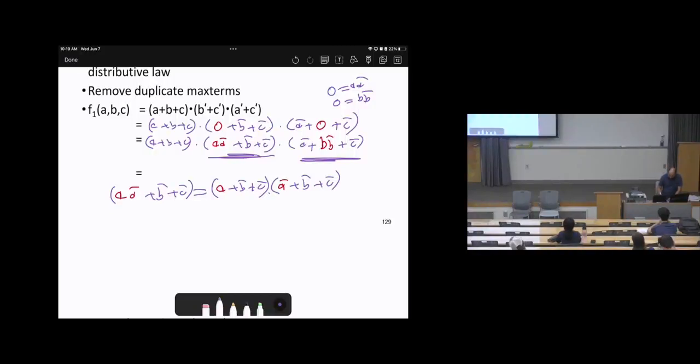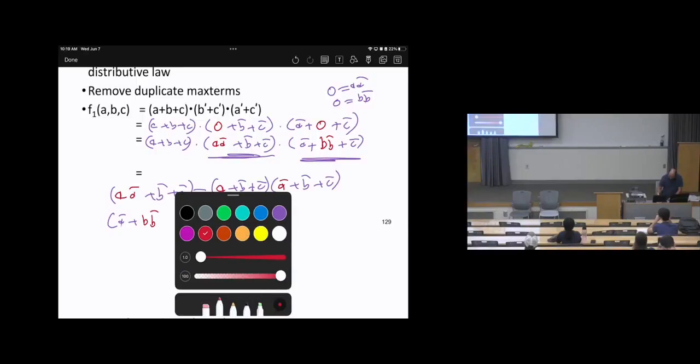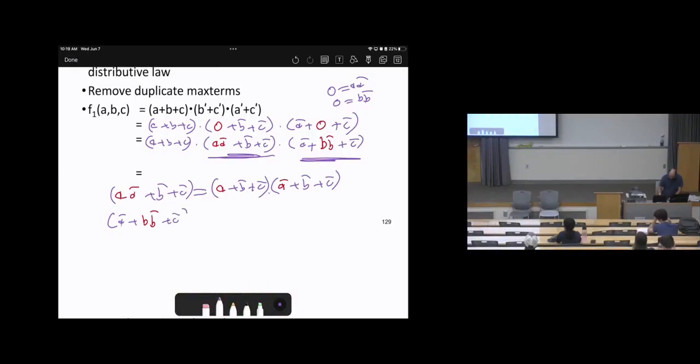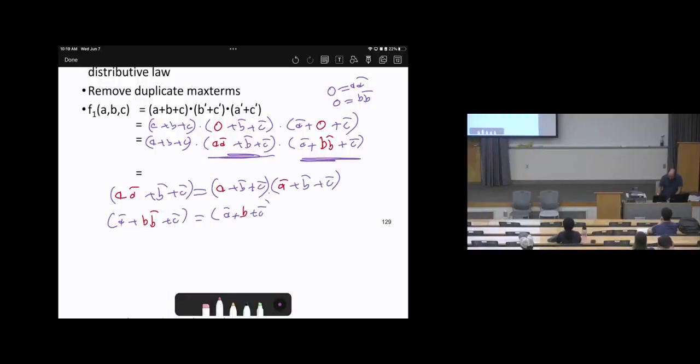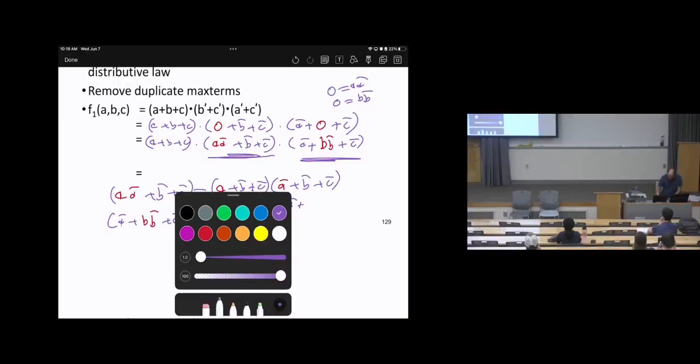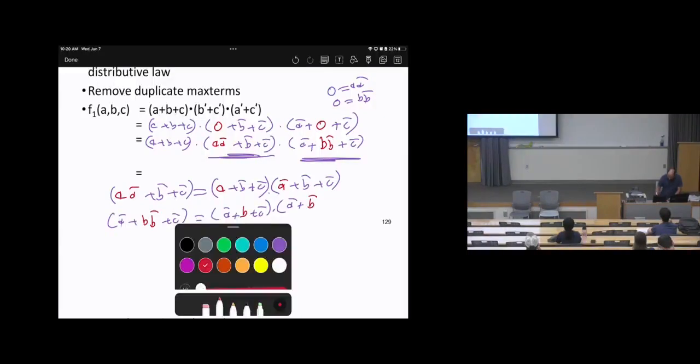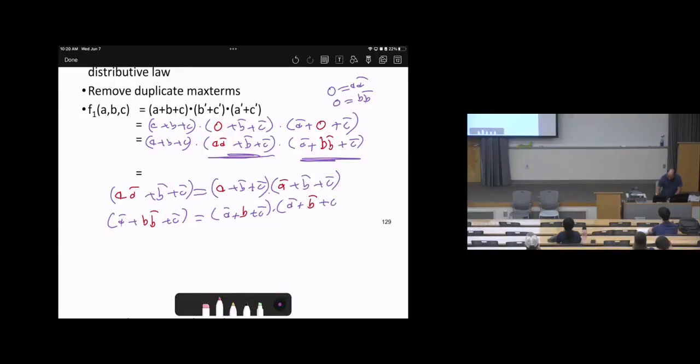Then for the second term, which is A bar plus B bar, then plus C bar, it will be A bar plus B plus C bar times A bar plus, we'll put here B bar, then plus C bar, like this. Okay?